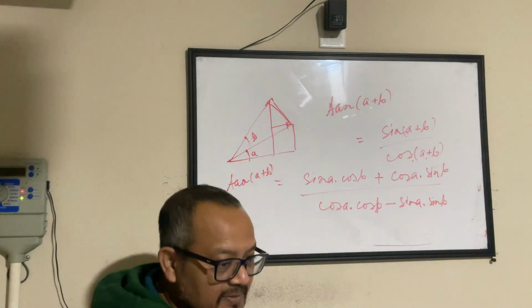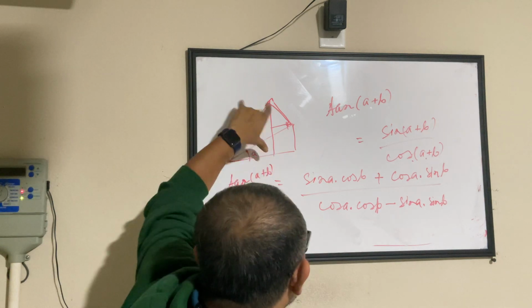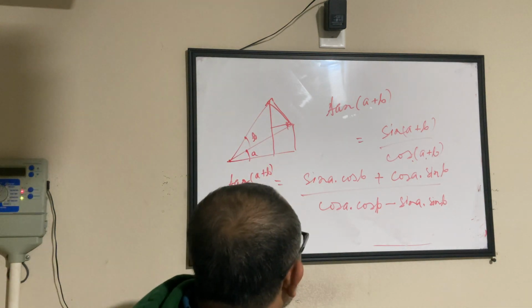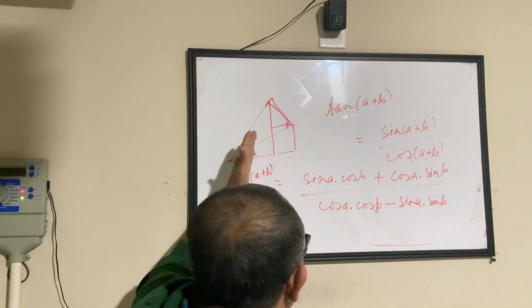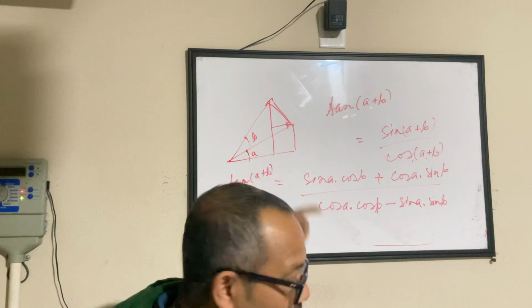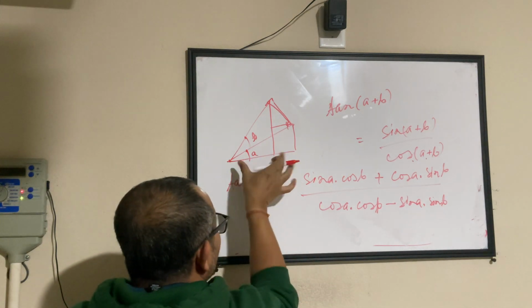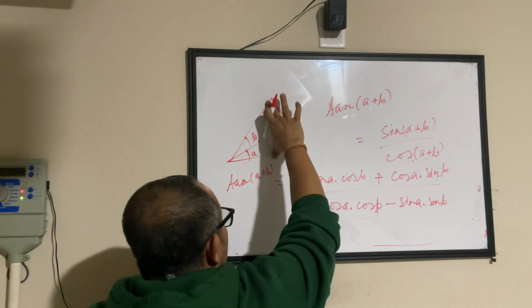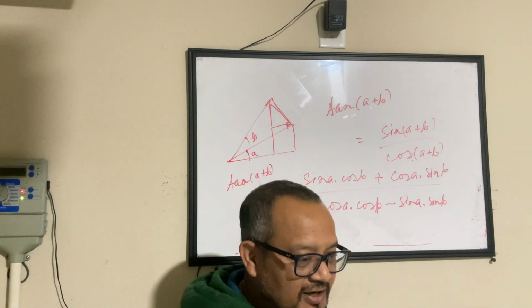So we can apply the same formula here, same approach we can take. This by this gives me the value of tan, and then we can probably map it to these triangles. So this part is nothing but this minus this, and this part is nothing but this plus this. So again, same approach.